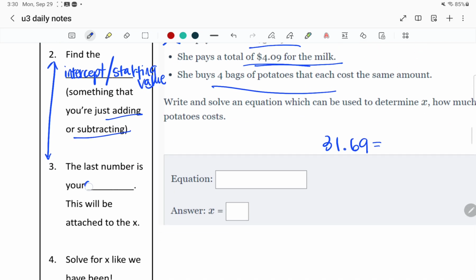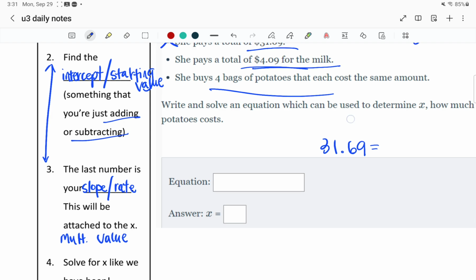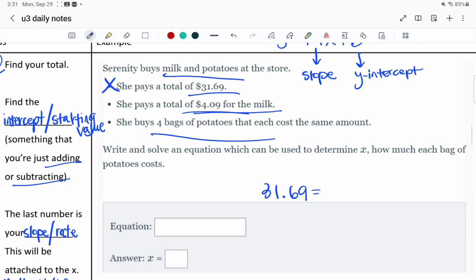Whereas your other number, your slope, also known as your rate, that's the number attached to the x, meaning it is your multiplied value. Okay, so it's something that you're going to add in several times. So I paid a total overall of $4.09 for the milk.